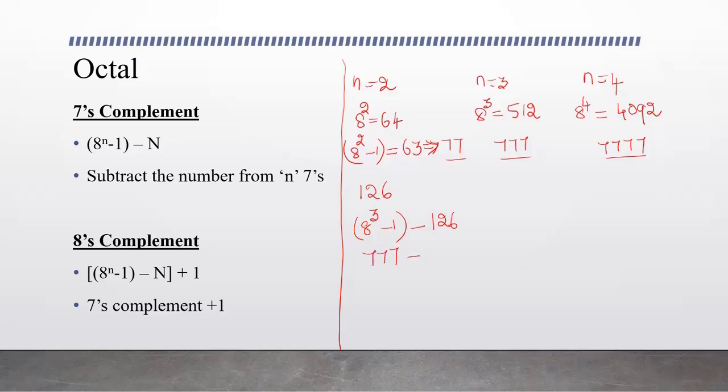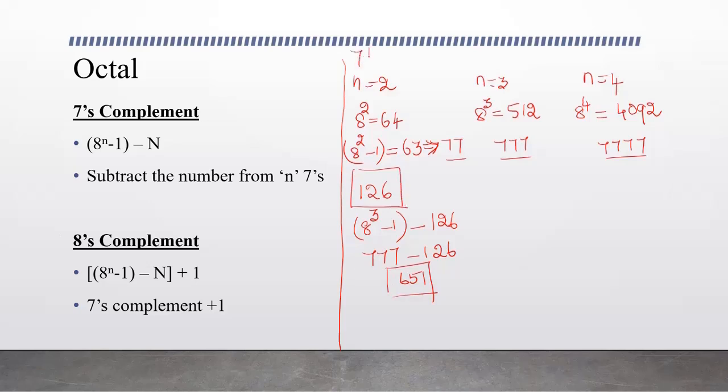So we subtract the number from 3 7's, 126, which is 651. 651 is the 7's complement of octal 126.